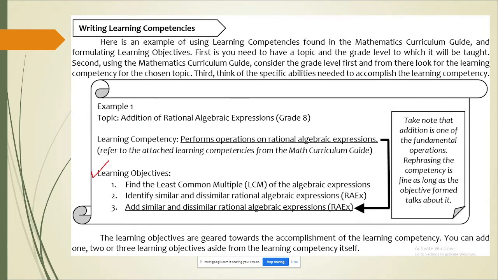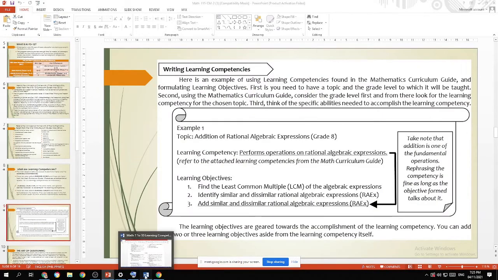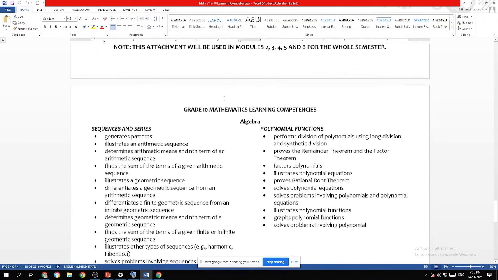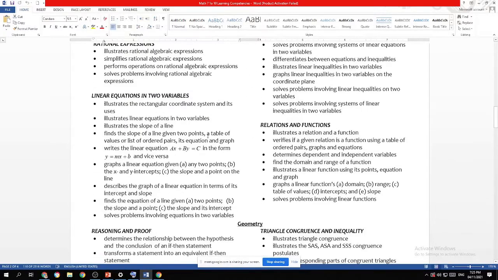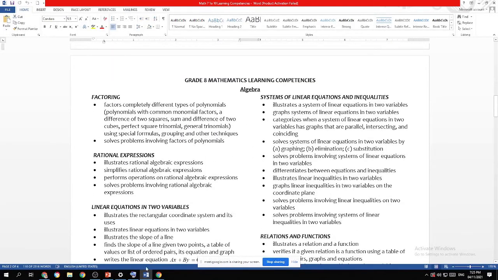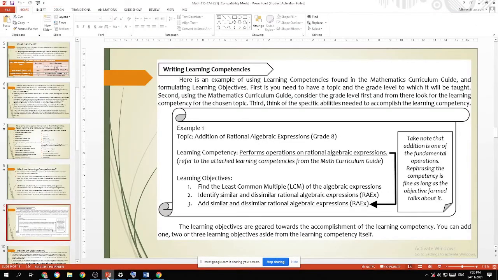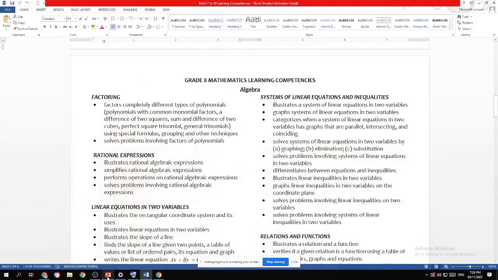Example, our topic is addition of rational algebraic expressions. Take note, that's a grade 8 lesson, so I will look at the grade 8 curriculum guide. Which competency suits addition of rational algebraic expressions?